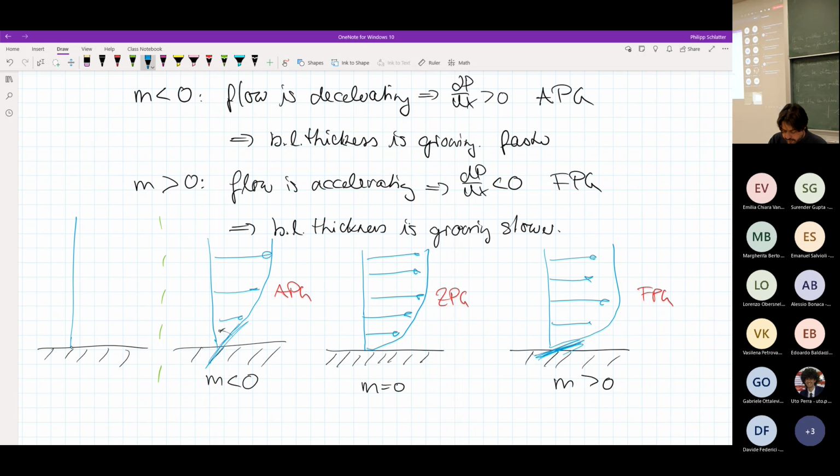But if I would decrease it even more, it may actually go like this, so that you would at some point get separation, because the deceleration is so strong that your flow would actually go backwards.